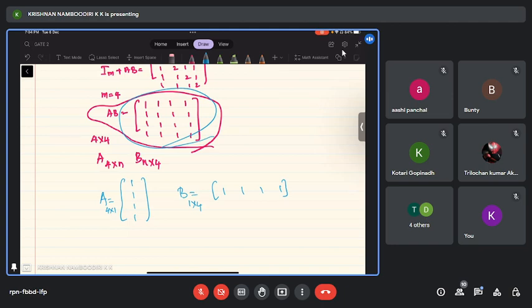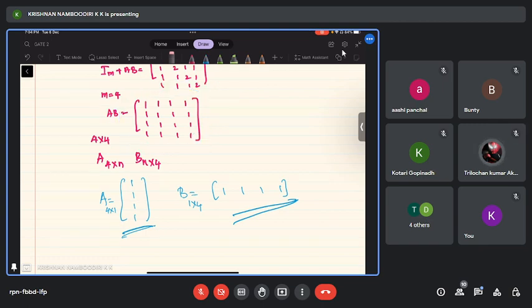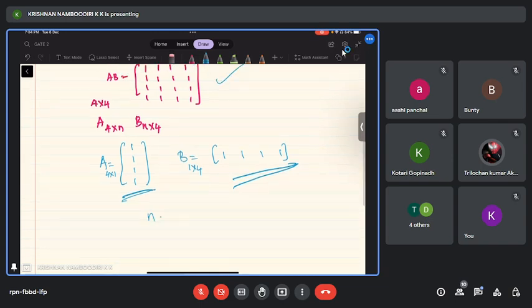I hope everybody knows matrix multiplication. If I take A as this and B as this, AB is equal to this, correct? Yes, sir. So now it is very straightforward. Now n equal to 1, right?